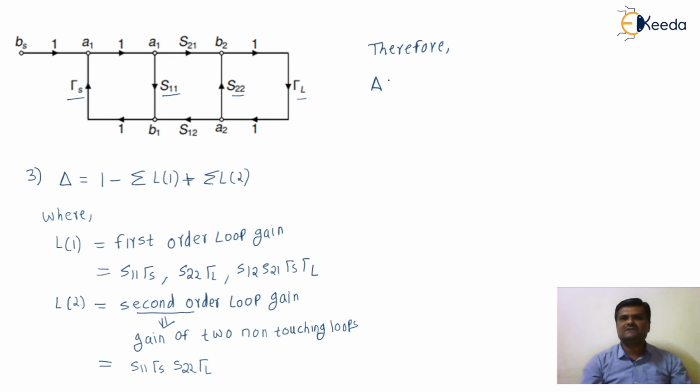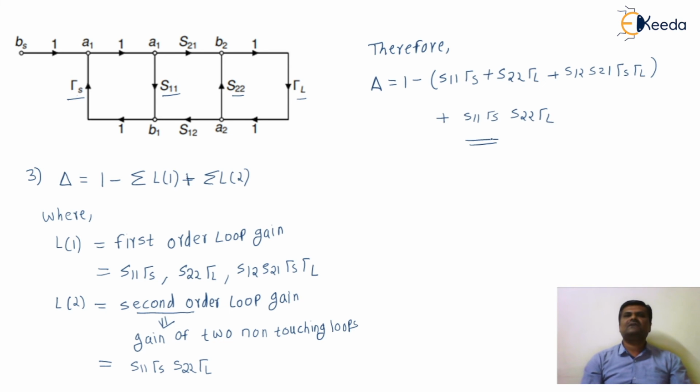Then delta becomes 1 minus the summation, which is S11 gamma S plus S22 gamma L plus S12 S21 gamma S gamma L, bracket complete, plus S11 gamma S and S22 gamma L. Means we have calculated all values. Now put all values into the main equation.